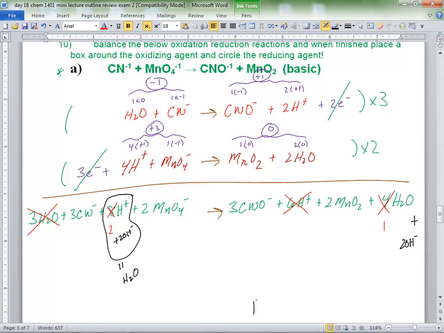Right? 1 H plus and 1 hydroxide makes 1 water. So 2 of those would make 2 waters. So this whole thing is gone. And I've got 1 water on the other side. So I can cancel him out. He's gone.